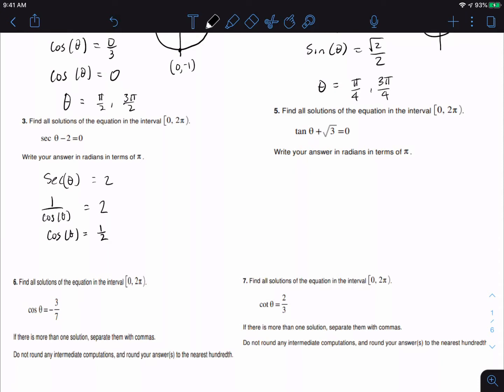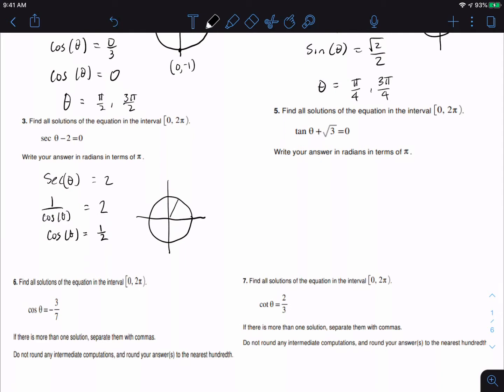Does that make sense to everybody? How I got that to become cosine of 1/2? If there's anyone that doesn't, I can definitely show you. But I just want to make sure that you guys understand that algebra that's there. Okay, so then from there, again, looking at the unit circle, we're in the positive 1/2, correct?